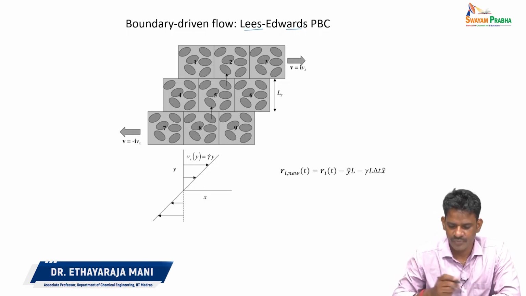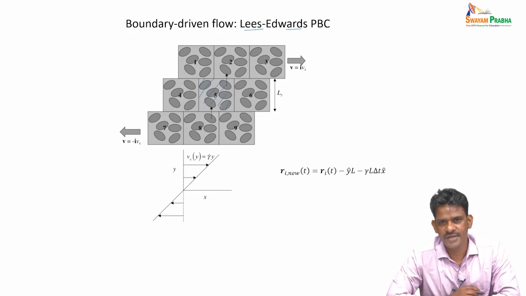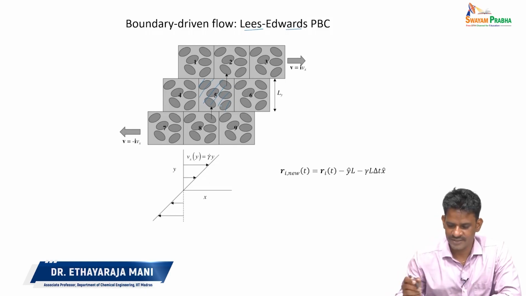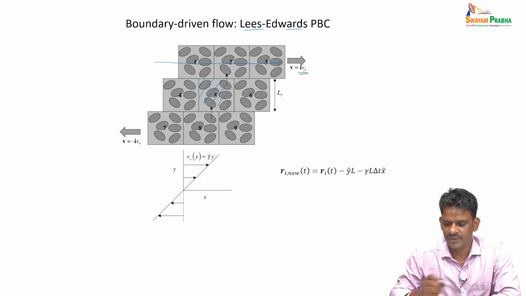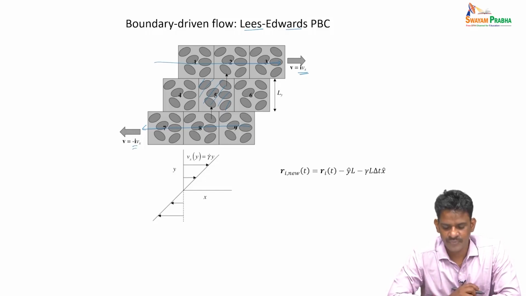In this method, if this is my central simulation box, we think of all these periodic images on the top layer and bottom layer moving with a velocity proportional to the shear rate. For example, all the top layer here are moving with a particular velocity to the right, and then all the bottom layer move to the left in the opposite direction with the same velocity.